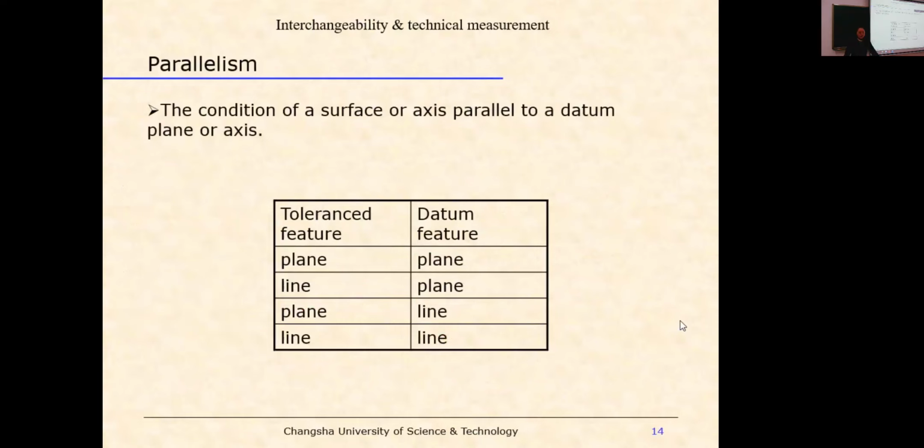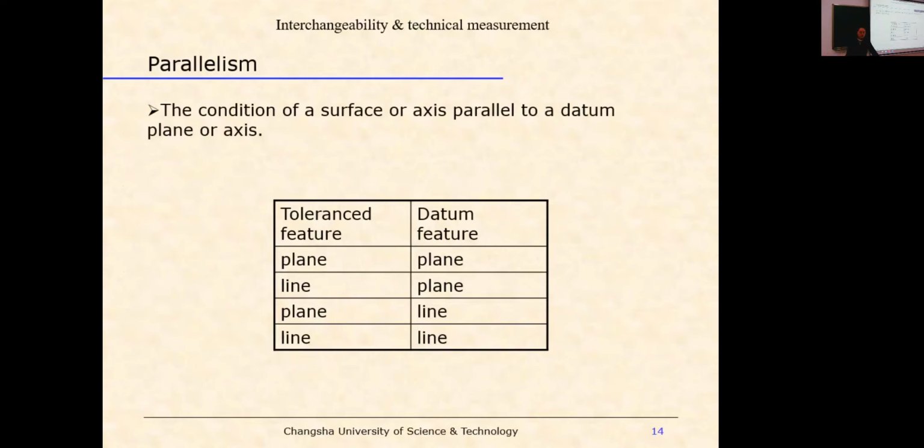So the parallelism is the condition of a surface or axis parallel to a datum plane or axis. So this is the tolerance feature. If this is a plane and needs to be parallel to another plane, the datum is a plane, and the tolerance is a line parallel to a plane, right? A plane parallel to a line, a line parallel to a line.